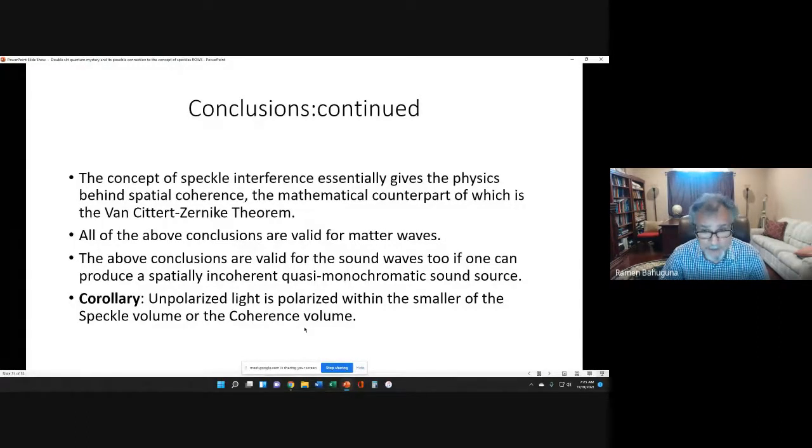All of the above conclusions are valid for matter waves, and for sound waves also, as I mentioned earlier. And the beautiful corollary that comes out is that unpolarized light is polarized within the smaller of the speckle volume or the coherence volume.